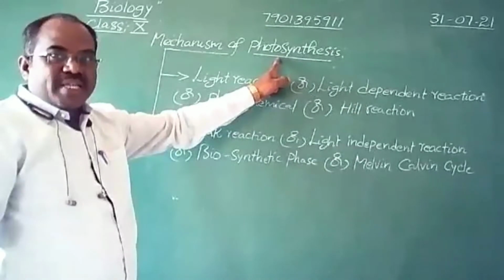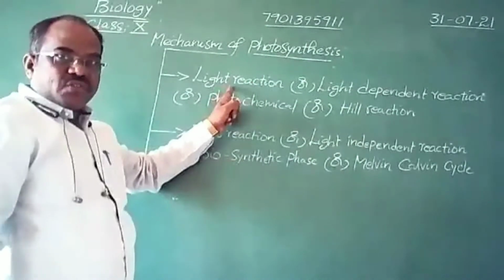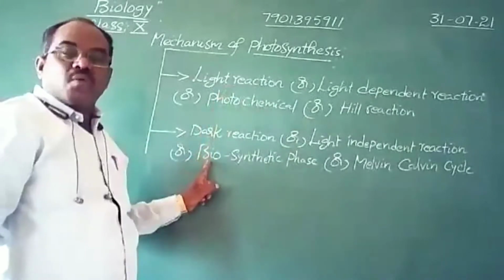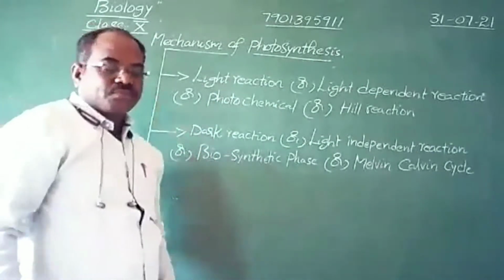Photosynthesis takes place in two reactions: one is the light reaction, another is the dark reaction.